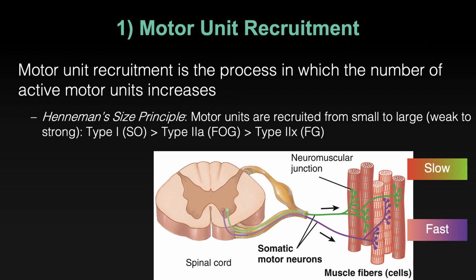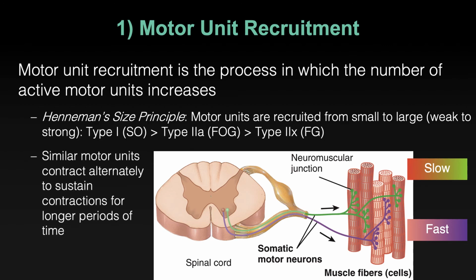What's kind of interesting to think about is something like running or cycling. You're doing these really light, repetitive contractions, but you're doing them in some cases for an hour or 2 hours. How is it that those muscle fibers are able to allow you to exercise for 2 hours?